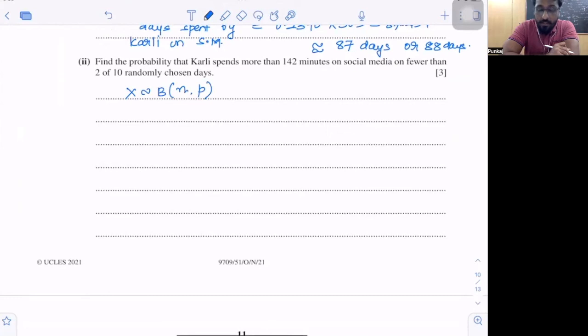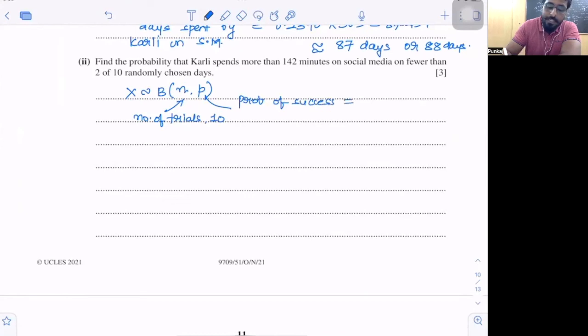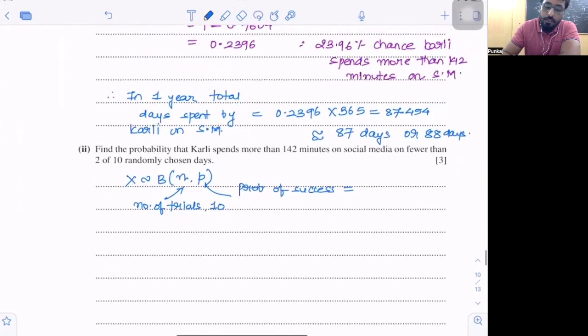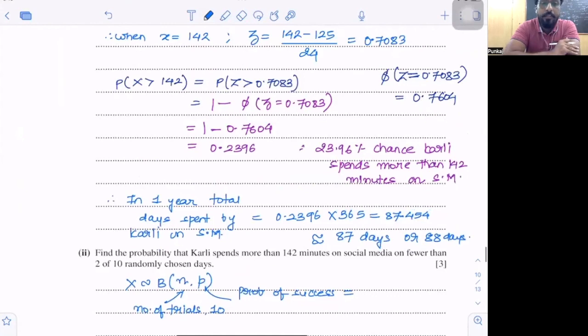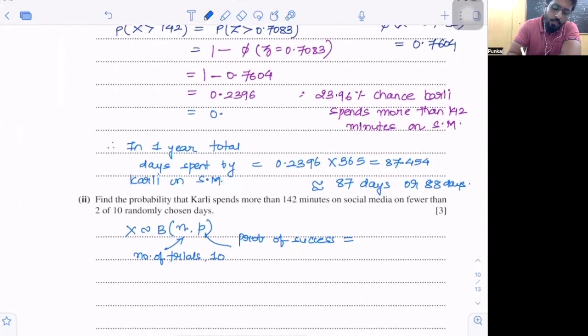So here it is 10, isn't it? n is 10, the number of trials, it's 10, and p is the probability of success, and that's how much? When does Carla spend more than 142 minutes? So it's 0.2396. So is it okay if I write this value as 0.24? Of course I can write, right?